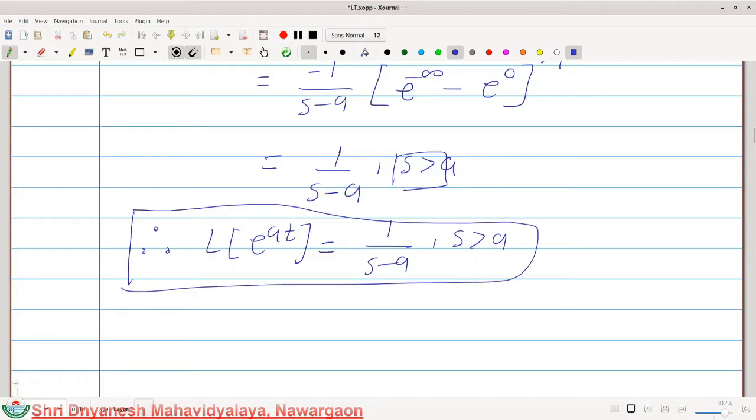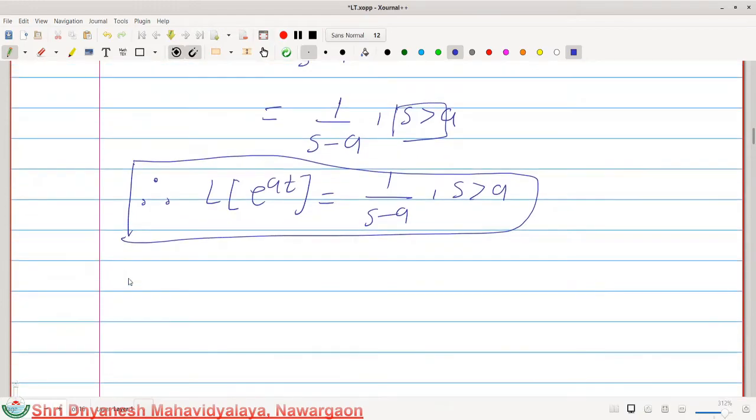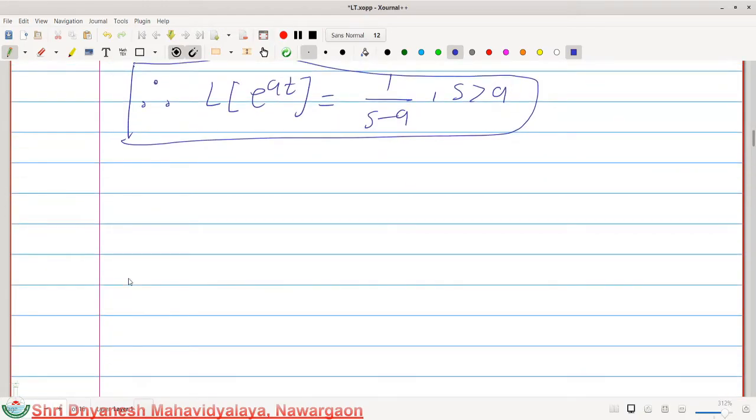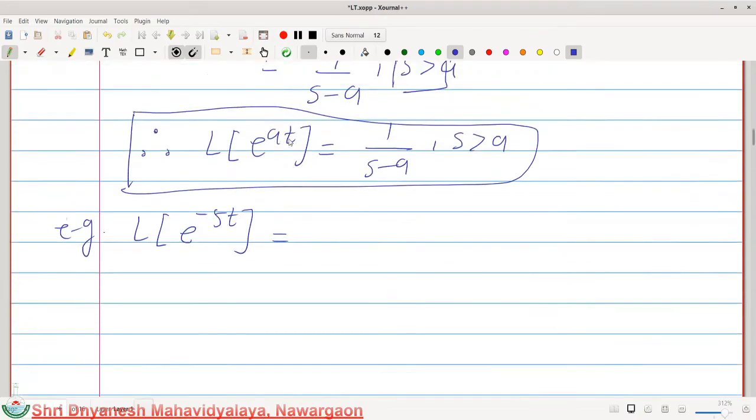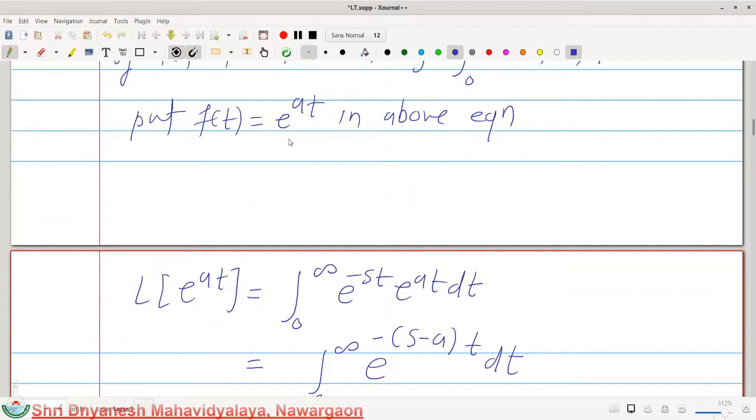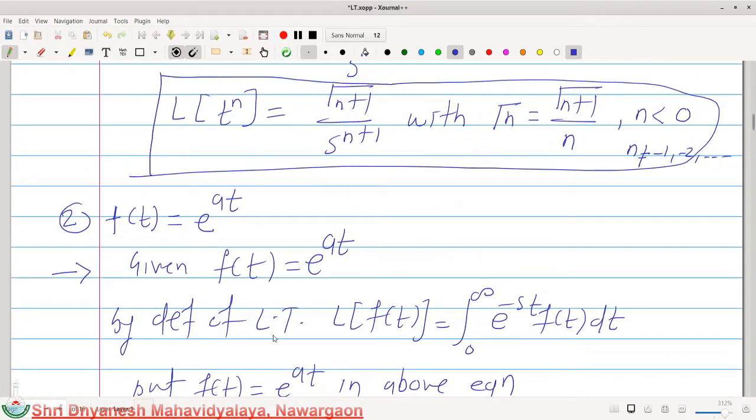Remember this also. Take an example of this also. What will be the Laplace transform of e to the power minus 5t? Because a can be any constant. If you want, you can write a is any constant.